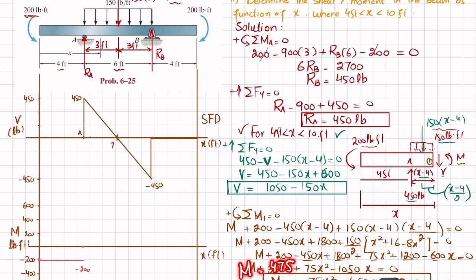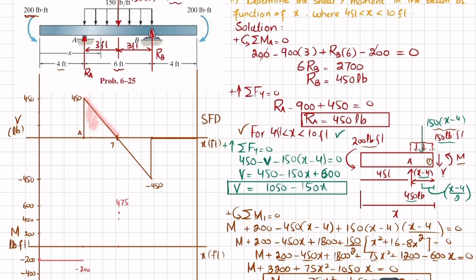So you will plot this 475. So 400 is this one. This portion is... 475 will be somewhere here. 475. Okay.